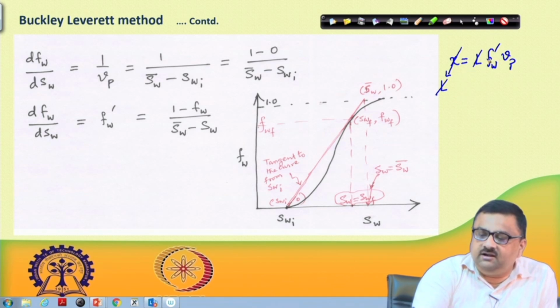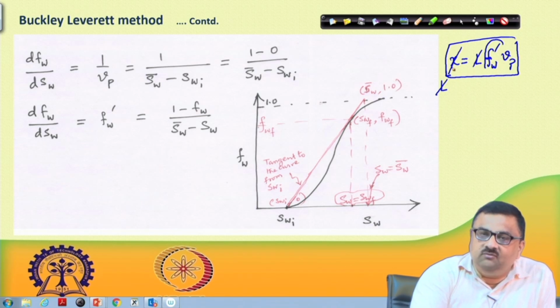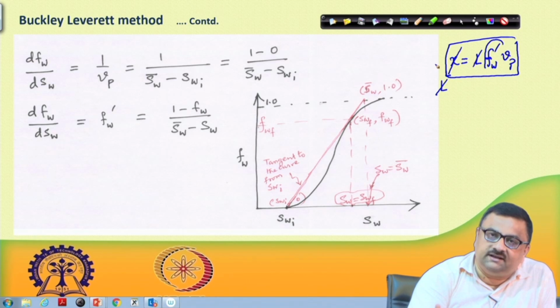So, when we defined x equal to L Fw prime Vp, Fw prime is estimated at that saturation, and we are looking at the displacement of that saturation from the inlet end. Now we are saying we are forcing x equal to L, that means the displacement of that saturation packet is all the way to the outlet.